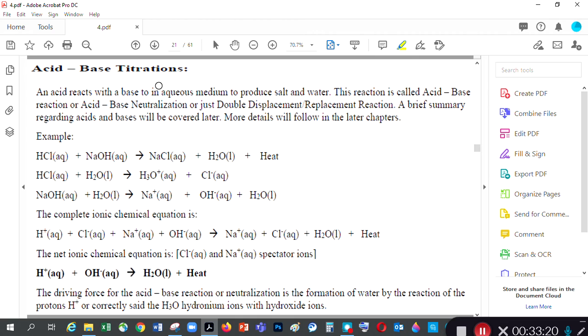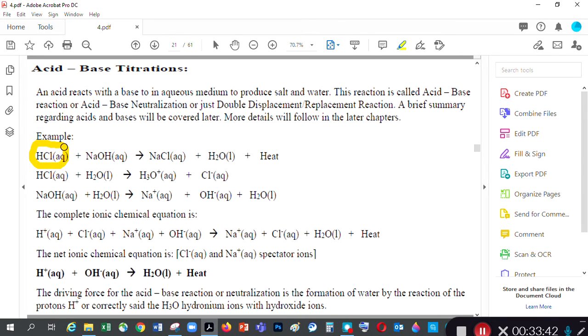Acid-base titration, also called acid-base neutralization, correct? Or sometimes called double displacement or replacement. So an acid will come and react with the base.